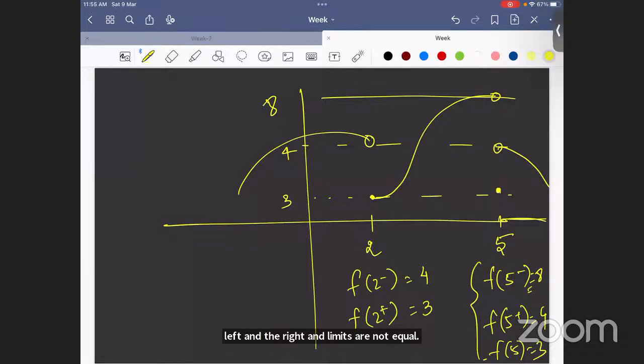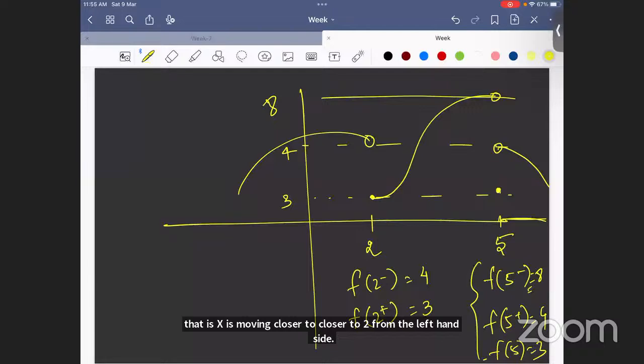So what is the question? I just thought, after going through this example, you're saying that there are plenty of sequences which tend to a particular number. It's the same as saying that as x moves closer to 2 from the left hand side, then f of the sequence does not tend to f of that number, the functional value itself.